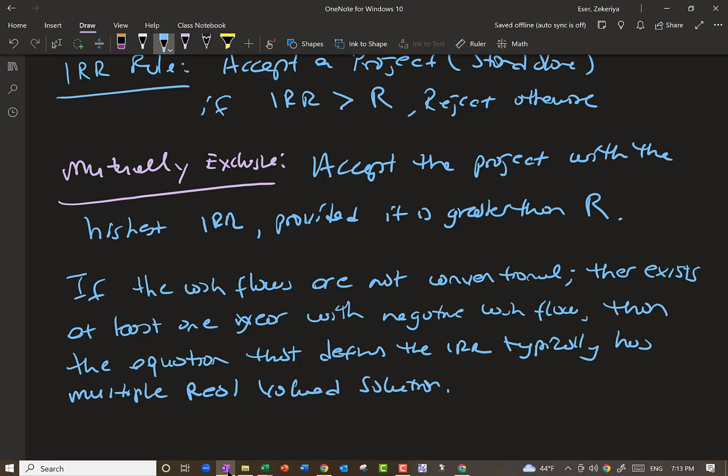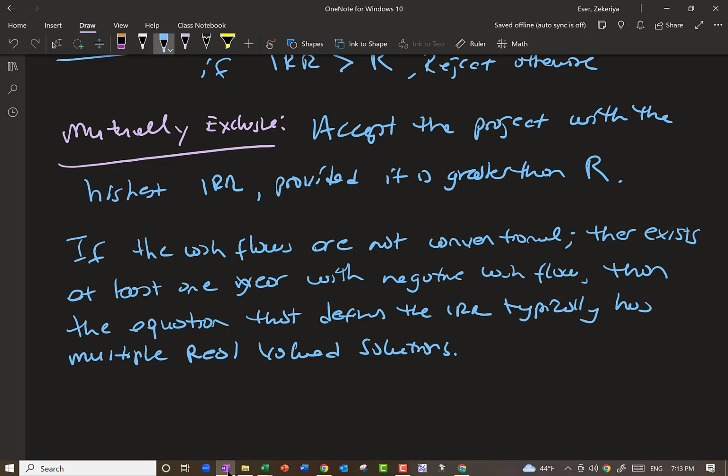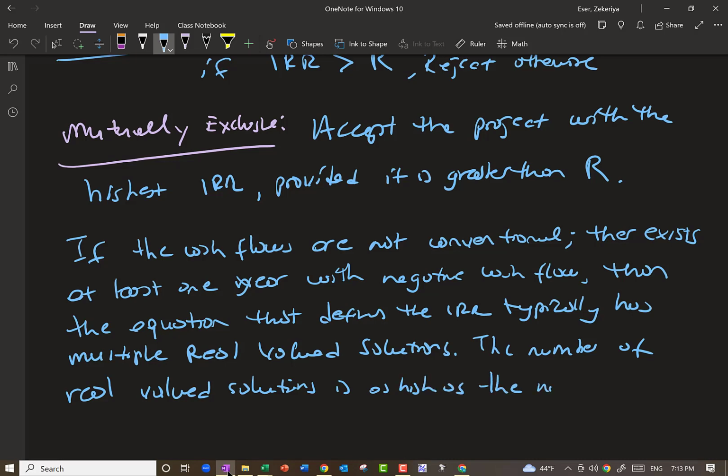And there always exist n solutions, but some of them could be complex or imaginary. In fact, the number of real valued solutions is as high as the number of sign changes.